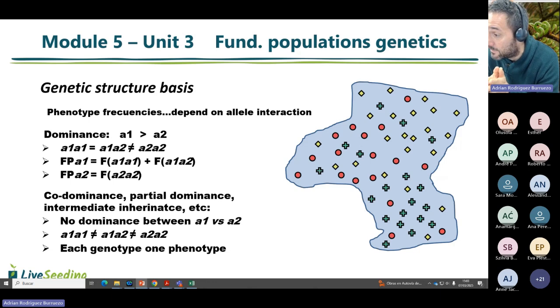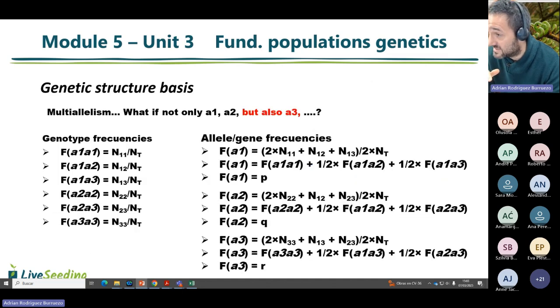So each genotype has one phenotype, and the three phenotypic frequencies are the same as the genotypic frequencies. Okay, so we can face two different ways to estimate phenotypic frequencies depending on the relationship between the alleles, dominance or partial dominance or intermediate situations. Well, this is the basics.